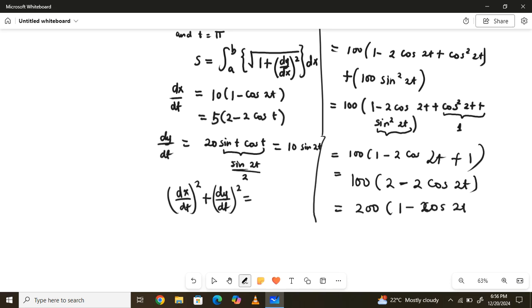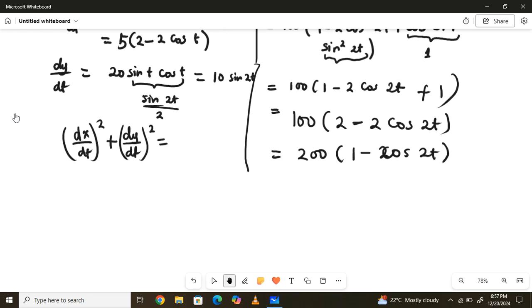We will go ahead and replace back into our function, because our question states that we need to find the length of the curve. When you're using the double angles, cos 2t is the same as 1 minus 2 sin squared t.